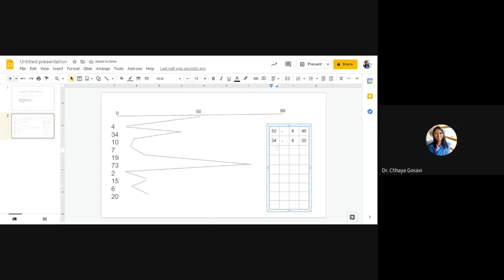Then from 34 it traveled to 10. So we'll take 34 minus 10. So distance traveled is 24. From 10 to 7, so 10 minus 7, it is 3. 19 minus 7 is 12, right? 73 minus 19, what is 73 minus 19? 54.